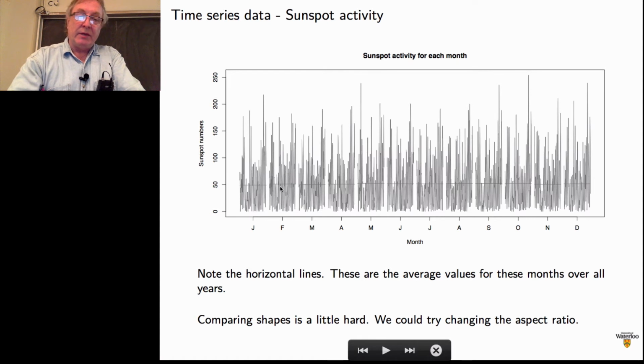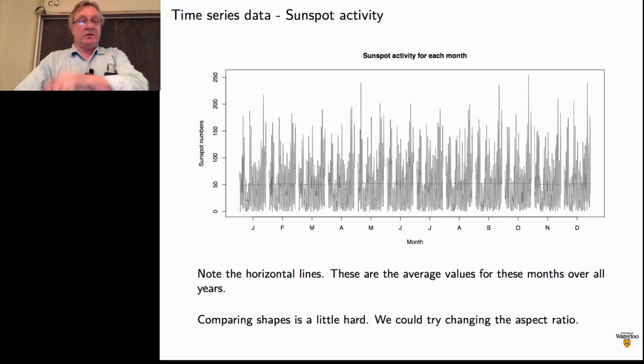In the middle you see a horizontal line, and these are the averages. If this were changing over the year, you may see this going up and down, but sunspots don't really care about the year. That's an Earth thing, a terrestrial thing. The sun doesn't care how frequently we go around it to produce the sunspots. So there's not much happening there.